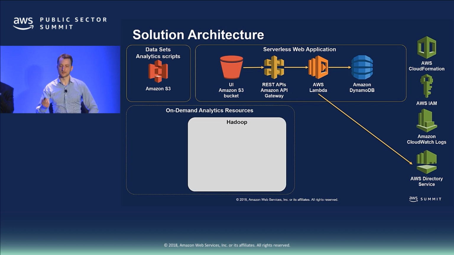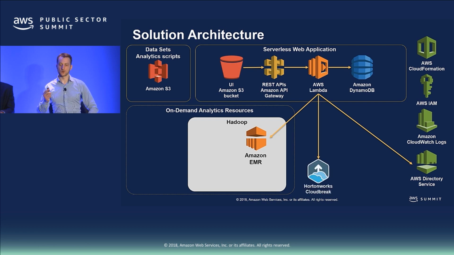We need to run the Hadoop platform. So based on the user choice, we either spin up Amazon EMR, which is Elastic MapReduce cluster, or we make a call to Hortonworks CloudBreak to spin up a Hortonworks cluster.